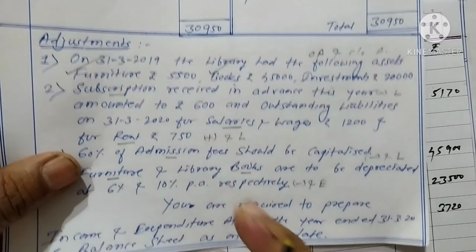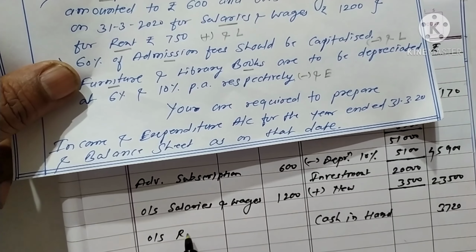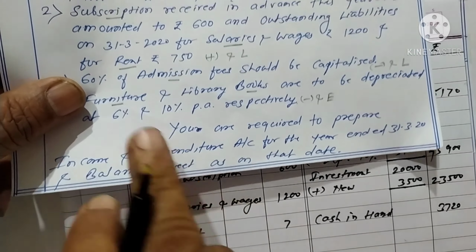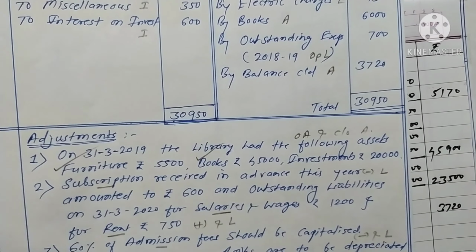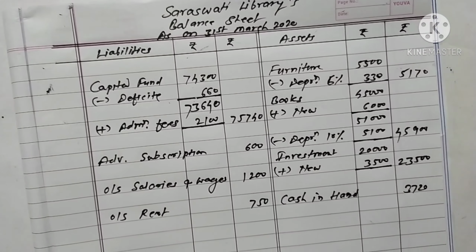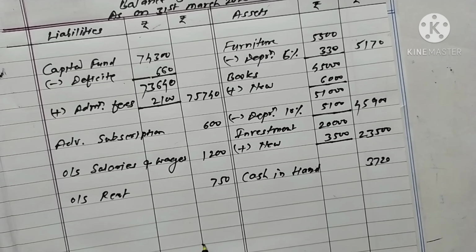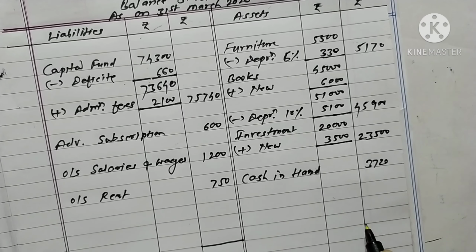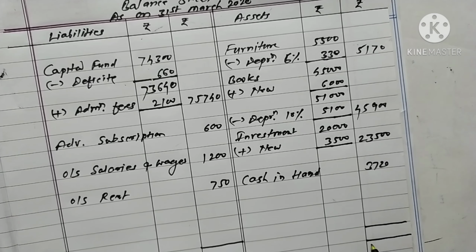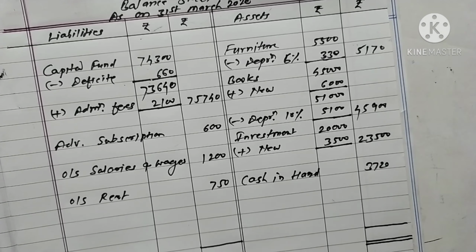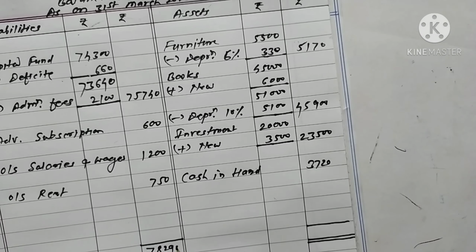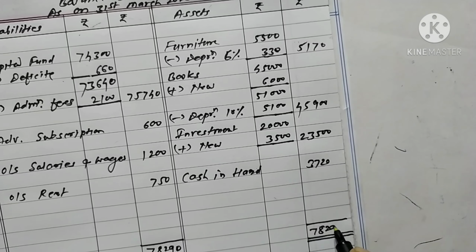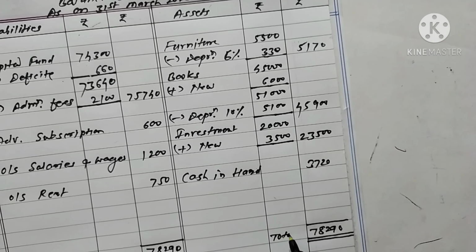Next is outstanding rent, also a liability, rupees 750. Okay, nothing else. We go to close the balance sheet. Total of the asset side and liability side is to be equal. Now total of this one is rupees 78,290. We write on the asset side 78,290. Right here, total.